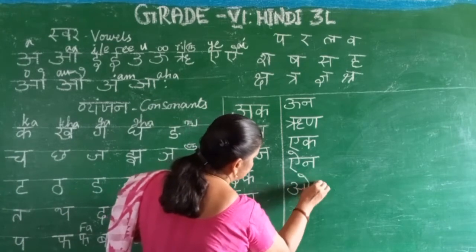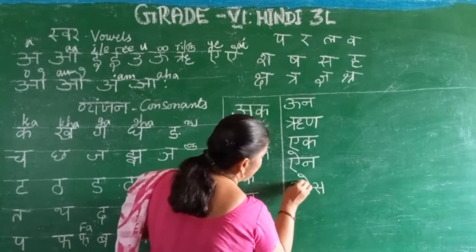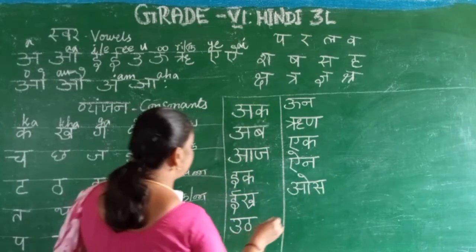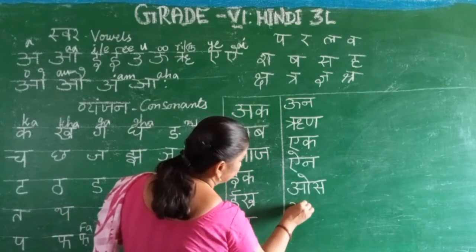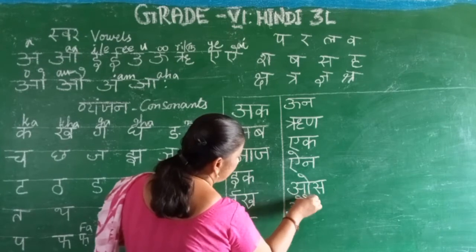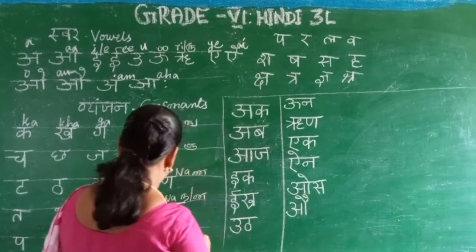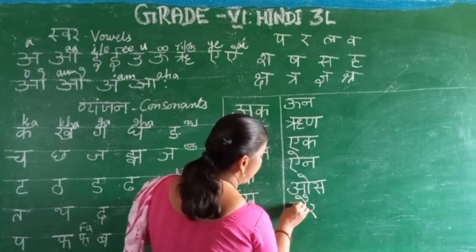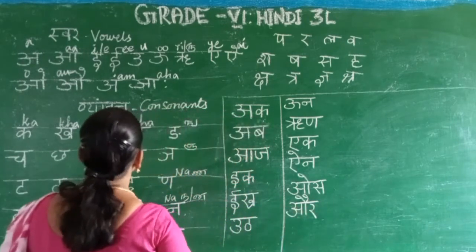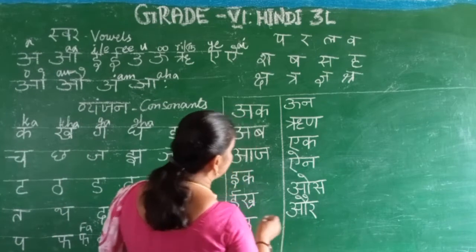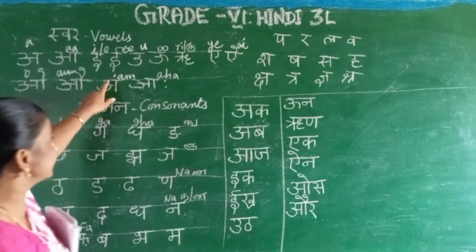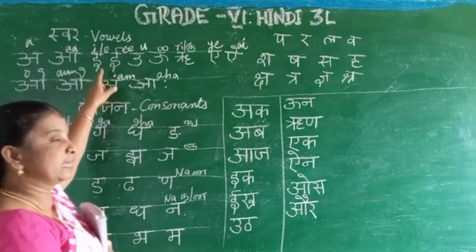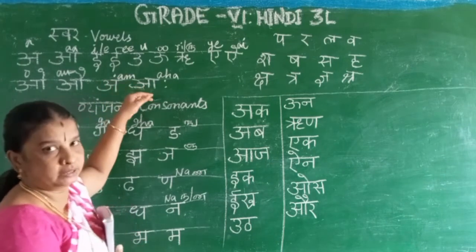O, sa, os. Next, au. Au, ra. Enough of that. The dotted letters, the bindu letters, make some sound; hereafter, in a further video, I will teach.